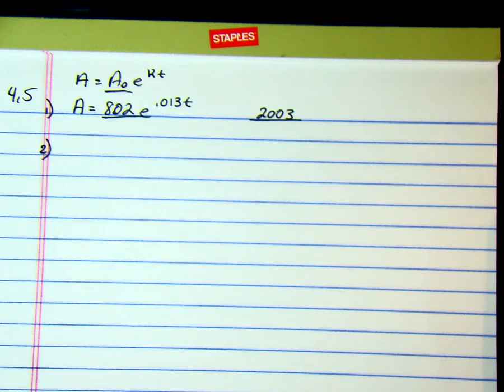Number 2. The exponential model describes the population of the indicated country A in millions t years after 2006. Which country has the greatest growth rate, and by what percentage is the population of that country increasing each year? All right. So I really wish I could. What's my options here?